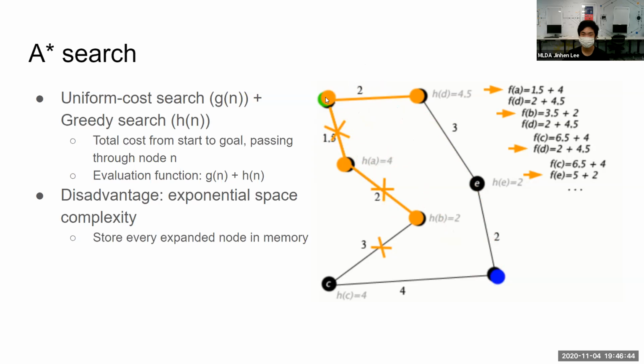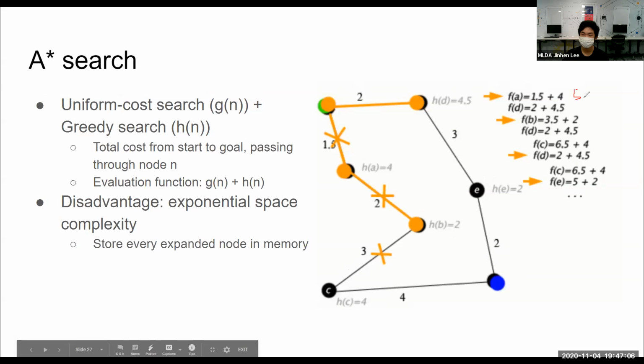At this green node, you have two options, which is node A or node D. So you look at g(n) plus h(n). So the evaluation function f(A) is g(A), which is this 1.5, plus this 4. So this is 5.5.